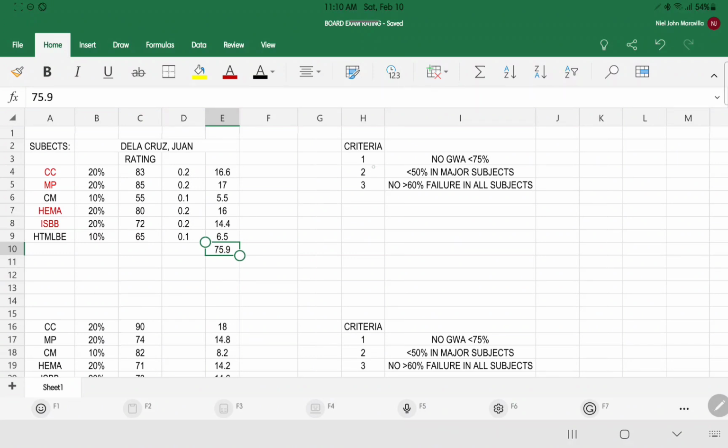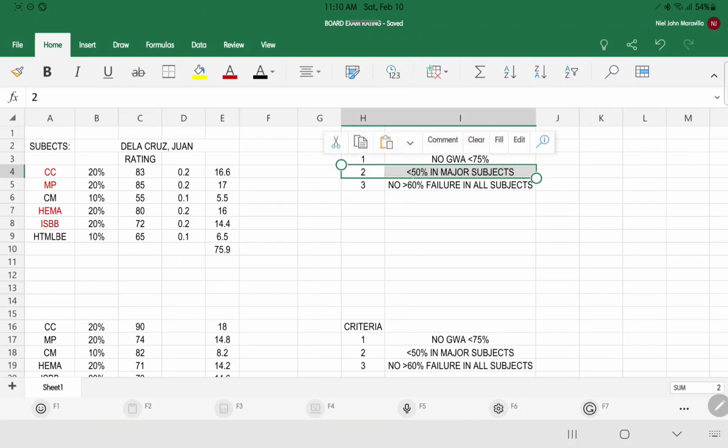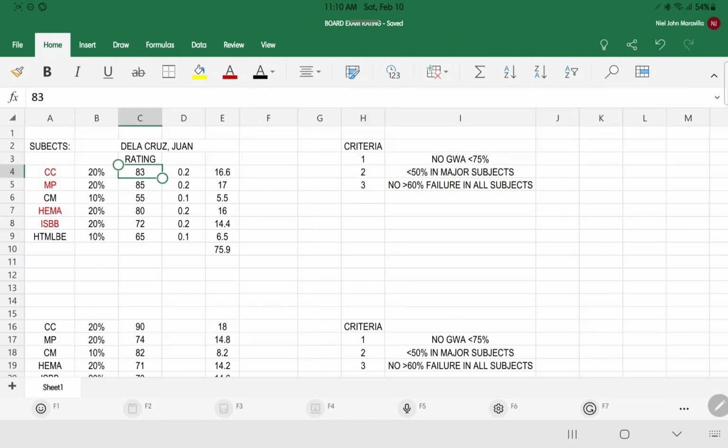For criteria 2, less than 50% in major subjects. Check whether he has a rating in his major subjects that is less than 50%. His lowest is 55, so there is none less than 50%.